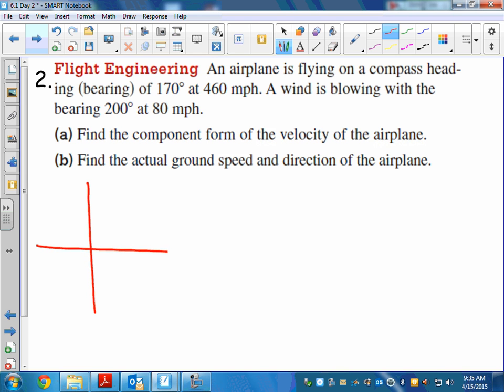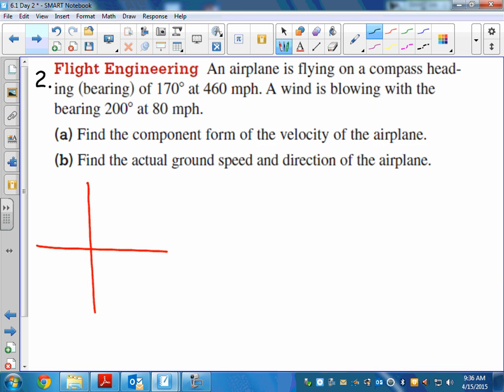I'm not going to draw an airplane. I'm just going to draw a line. So if we're going from north, we're measuring from north in a clockwise rotation. Starting here, I want to go 170 degrees. I feel like the plane's crashing. Why? It's just heading south, right?